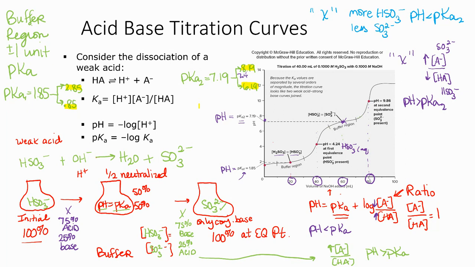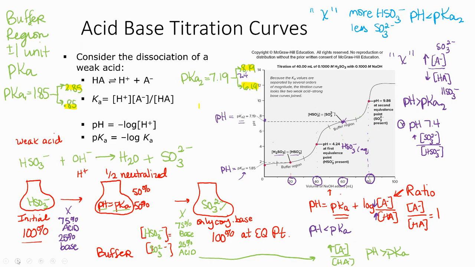So at pH 7.4, we have more SO3 2 minus than we do HSO3 minus. It's right past that 50-50 mark. And that's one thing that we're going to talk about as we move forward with the amino acids.